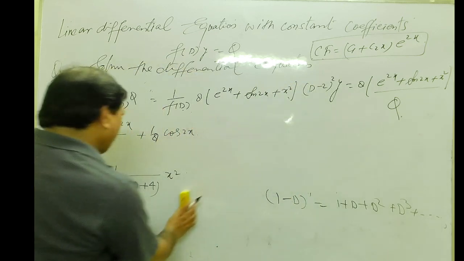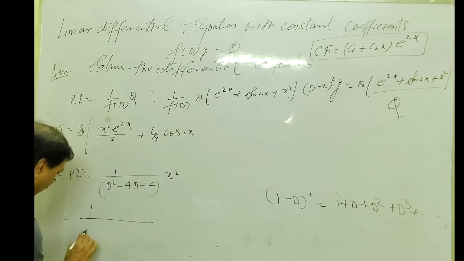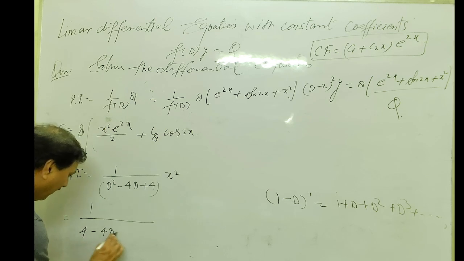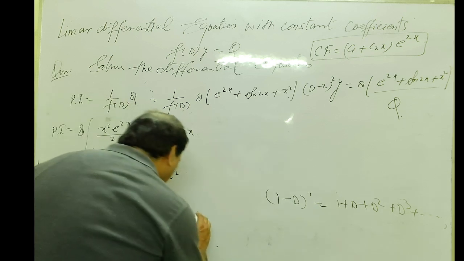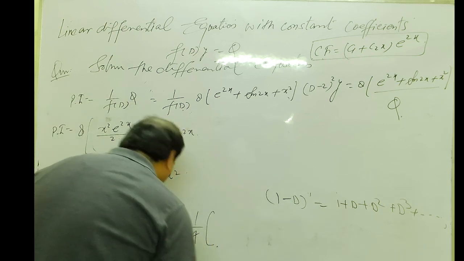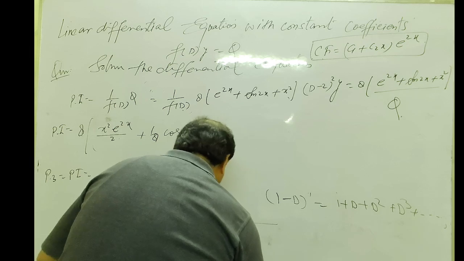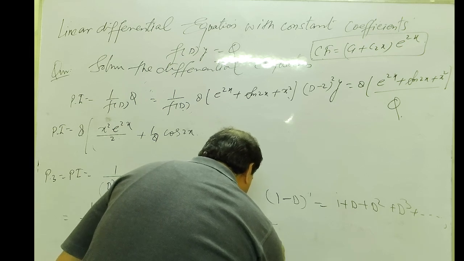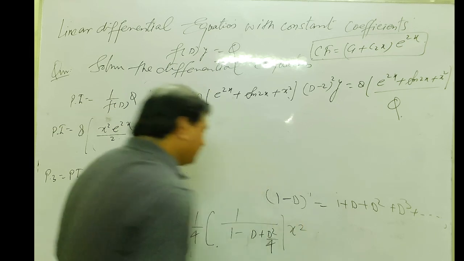My dear student, take 4 common: 4 minus 4D plus D² becomes 1 by 4 times 1 upon (1 minus D plus D² by 4), applied to x².